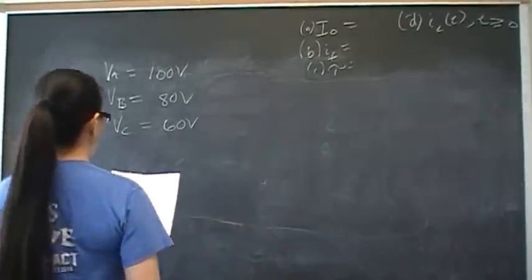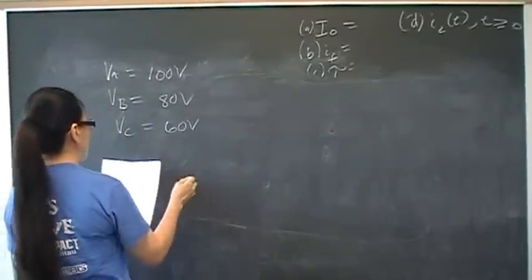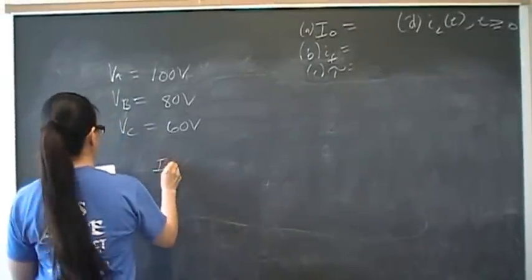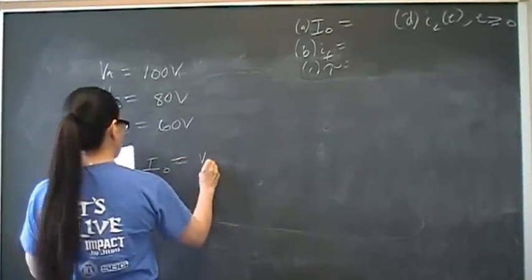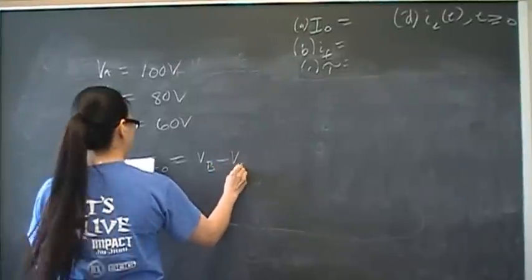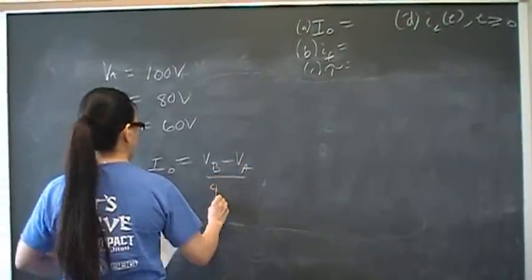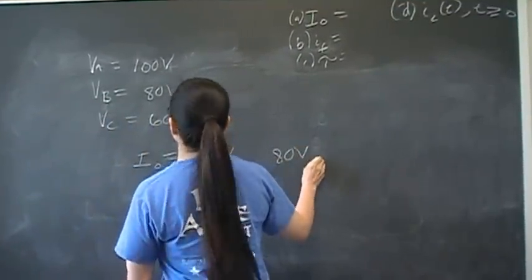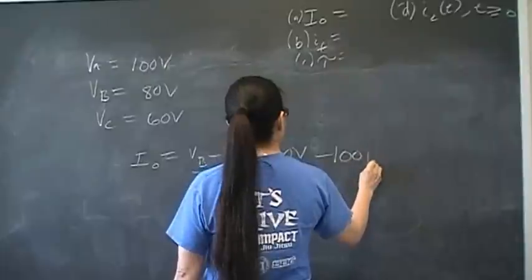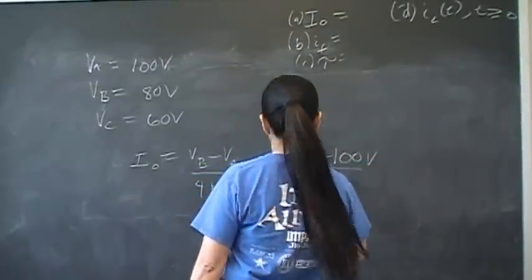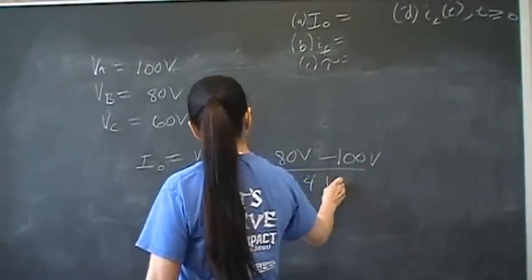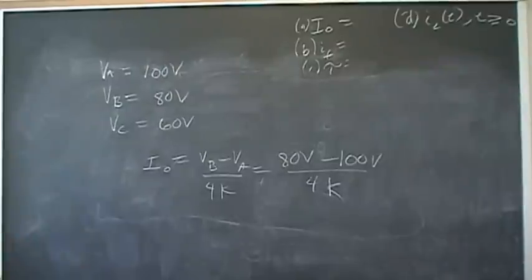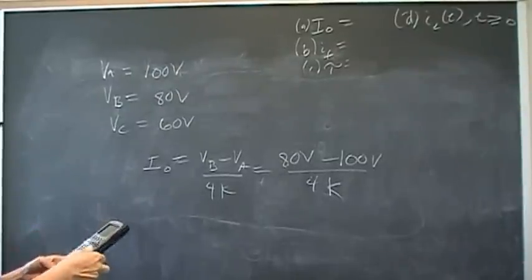So the current going through the inductor, the I naught, the initial current through the inductor is VB minus VA over 4K. So that gives me VB is 80 volts and minus VA is 100 volts over 4K.